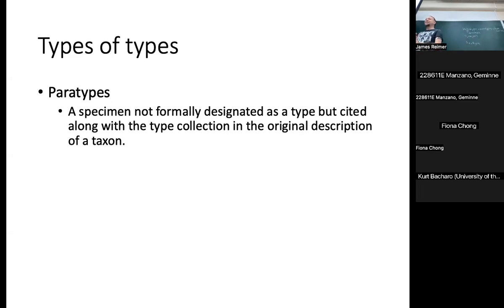Does that make sense? So in normal situations, if you're working with a new species that's never been described before and everything's okay, and you have more than 1 or 2 or 3 specimens, you're going to be doing this. Almost always. But if you have specimens that were described before or other things, then you start to go into these areas.